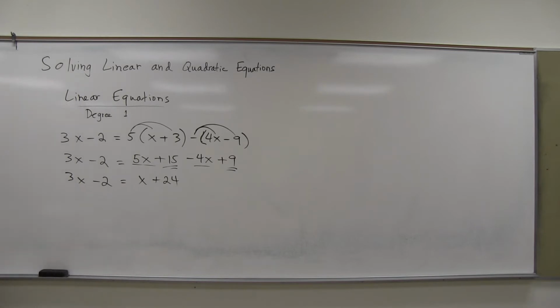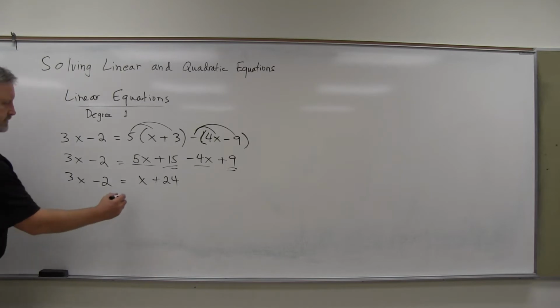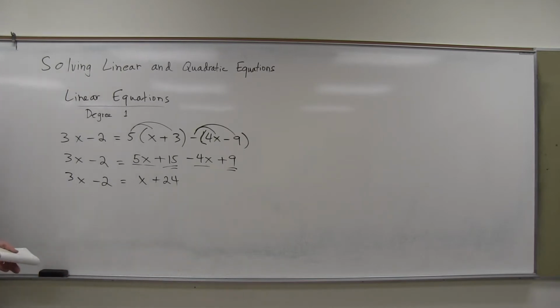So we're going to get the x terms on one side. This is the way I display it, I guess you might say. If you have a different way, that's fine. Do what you're comfortable with; as long as it works and it's correct, I'm perfectly fine with that.